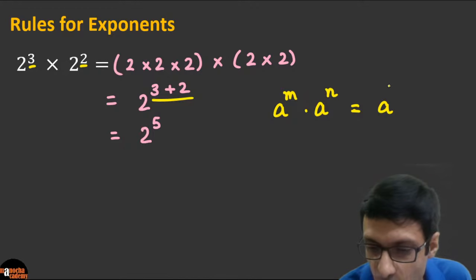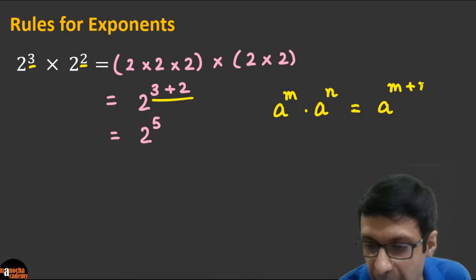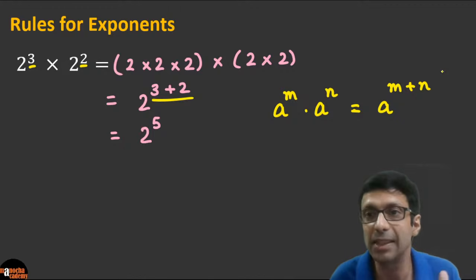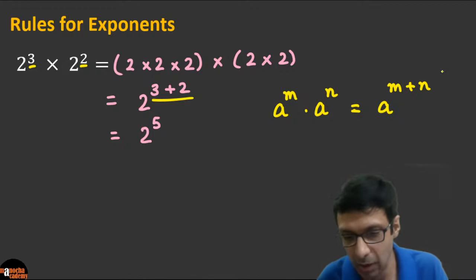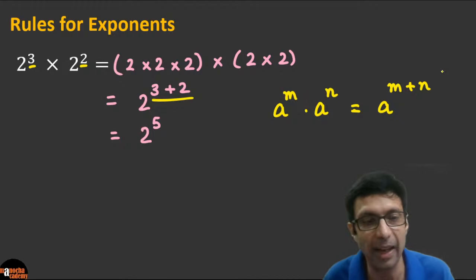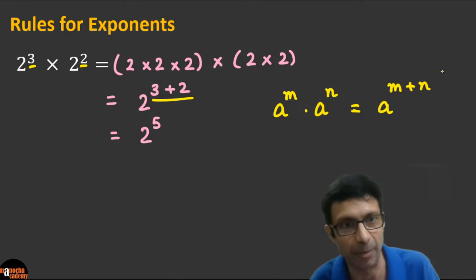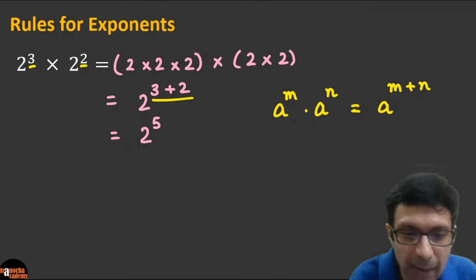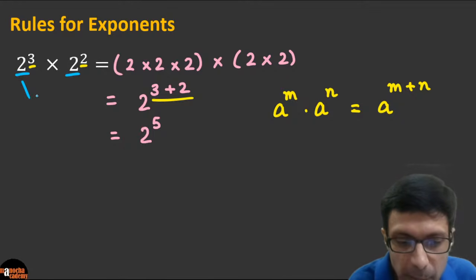We get a to the power m plus n. So guys, if you have the same base a, and you have the powers m and n and you multiply them with the same base, the powers add up, right? Excellent, right? Very good. So what is the same base here, guys? The same base is 2.